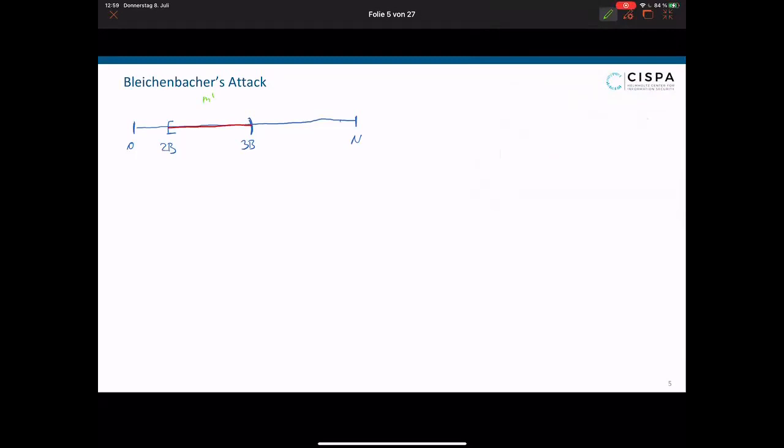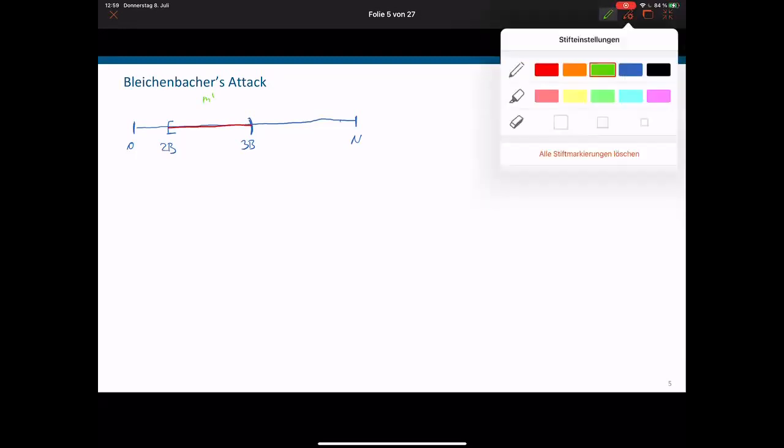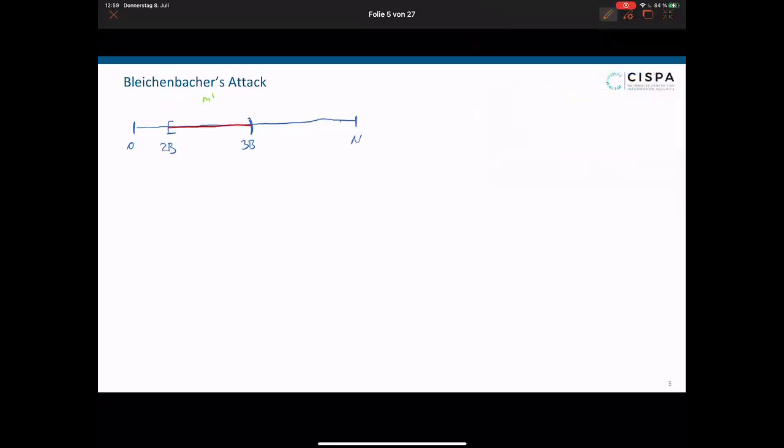Good. But we also know, since the server told us that C prime is valid, that S times M prime modulo n is in this interval. Here I'm writing now mod n because multiplying with S could and should cause a modular reduction. But what does it mean that S times M prime lies in this interval?